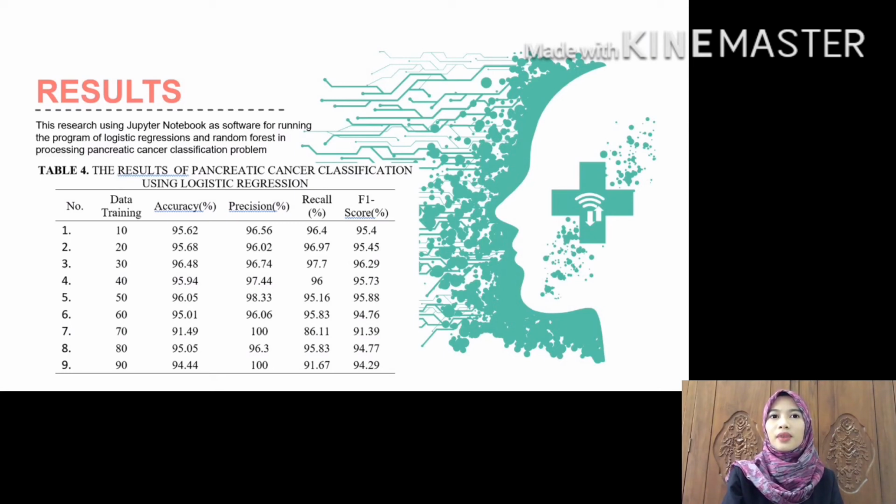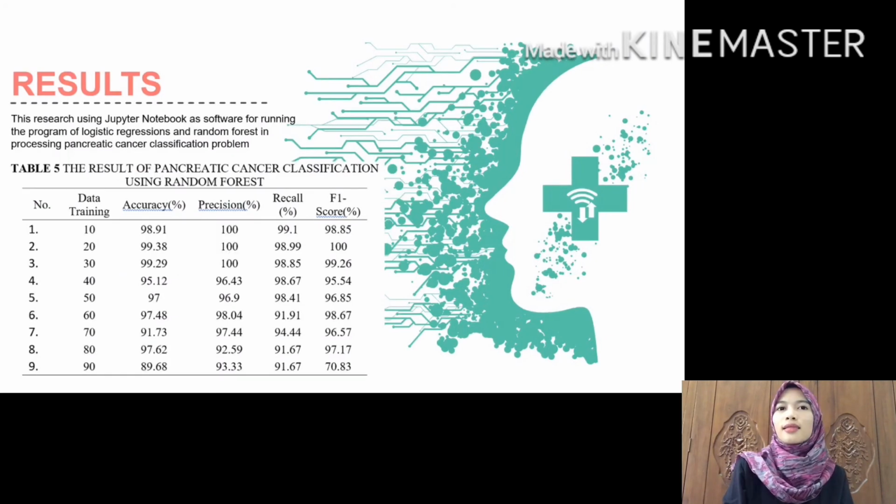In precision, 70% and 90% of data training reach the maximum value, that is 100%. For recall, the highest value is 97.70% for 30% of data training, and for F1 score, 30% of data training reaches the highest value, that is 96.29%. Table 5 is the result of pancreatic cancer classification using random forest.